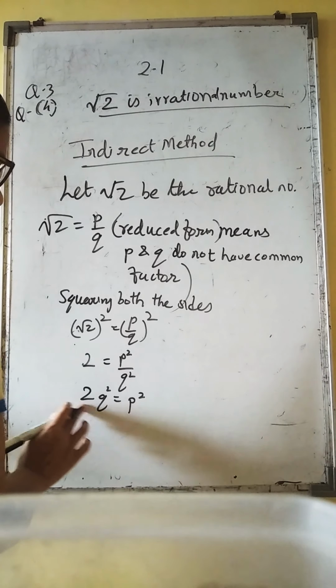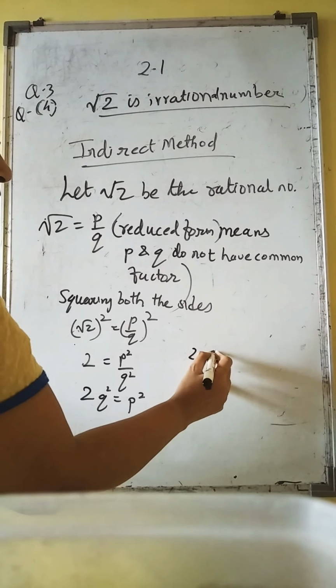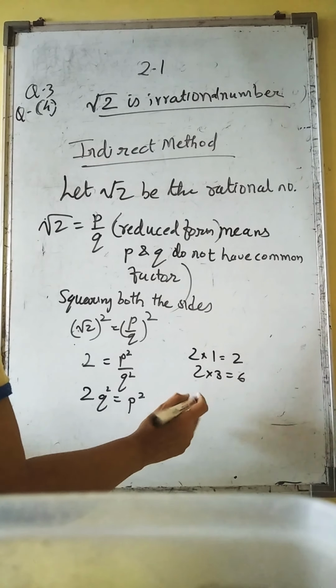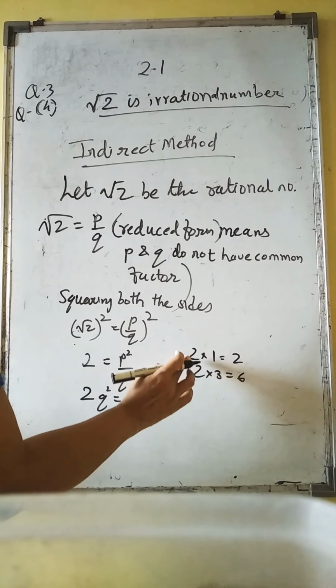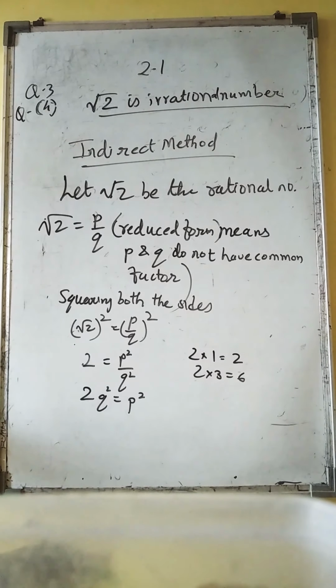Now children, now see, 2 multiplied by any number. If you will take one number, 2 multiplied by 3, it is going to give us 6. So you multiply any number by 2, it is going to give even number only, isn't it? So always even number, it has a factor 2, right?